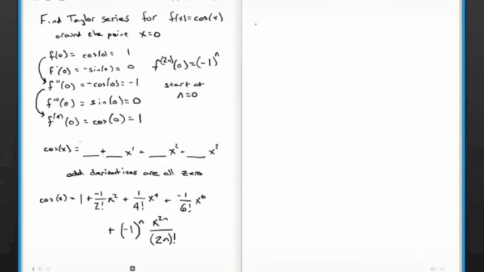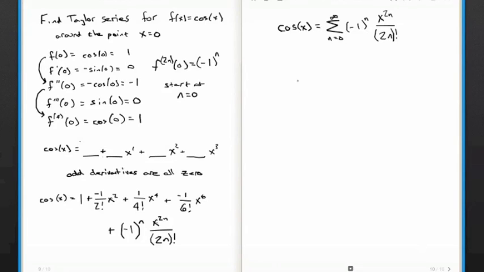So I can finally write over here that cosine of x equals the sum from n equals 0 to infinity of negative 1 to the n power x to the 2n power over 2n factorial. Like that.